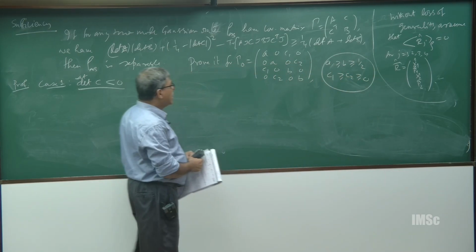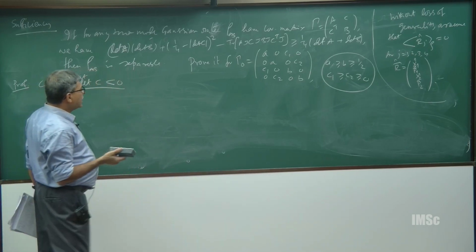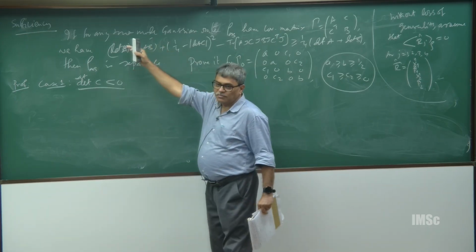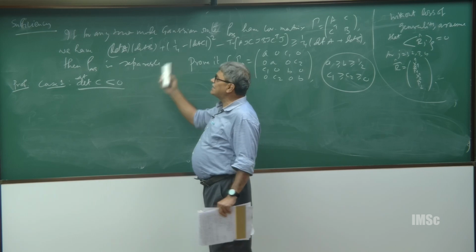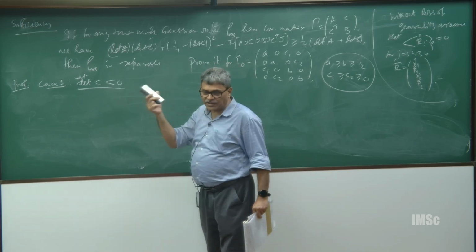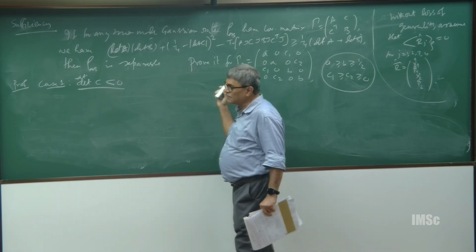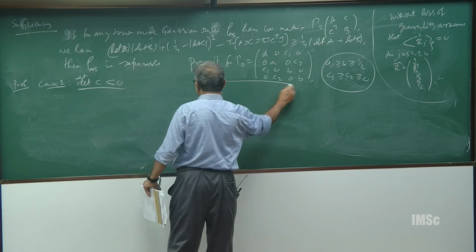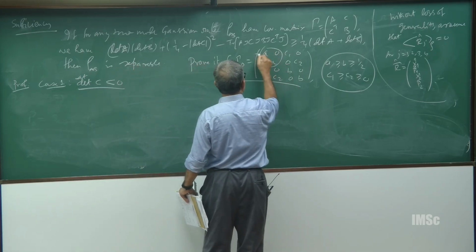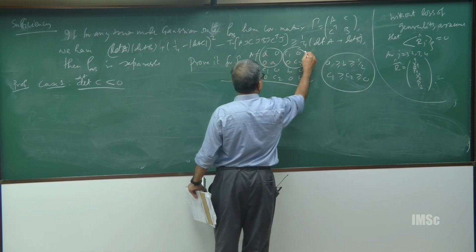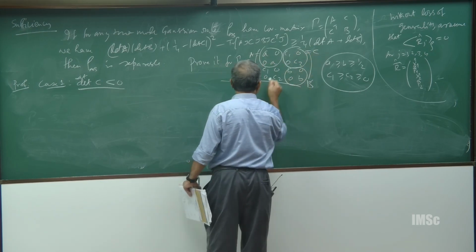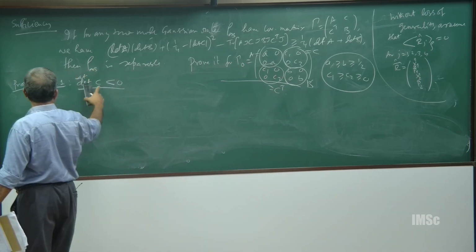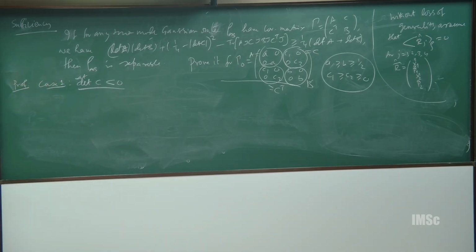This I can always choose, and it does not matter whether I do it for this one or for the original one, because under local symplectic transformation it will not change the separability property. It can change classicality of the state, but does not change the separability property. So, without loss of generality, this is what I am going to use. This is my A, this is my C, this is my B, and this is of course C transpose. I should have written C0 etcetera here, but that is okay.